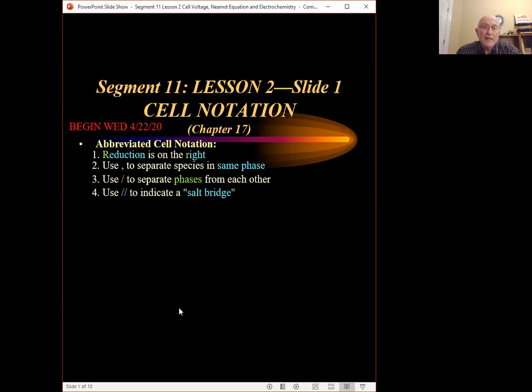Now here's the double diagonal line we talked about. In the vernacular, this would be slash slash. That represents the salt bridge or something equivalent to it. Remember, the redox reactions, electrochemical reactions, are typically spontaneous.